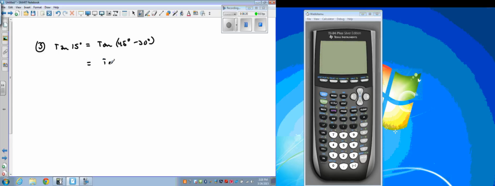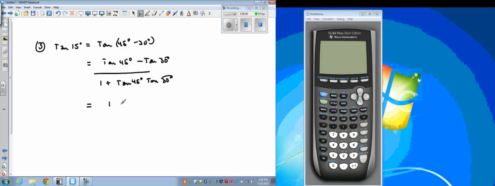Tangent of A minus B equals tangent A minus tangent B over 1 plus tangent A times tangent B. So this one is going to be, tangent 45 is 1, right?